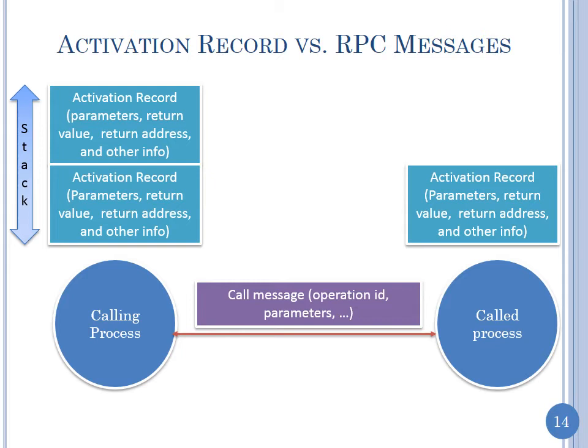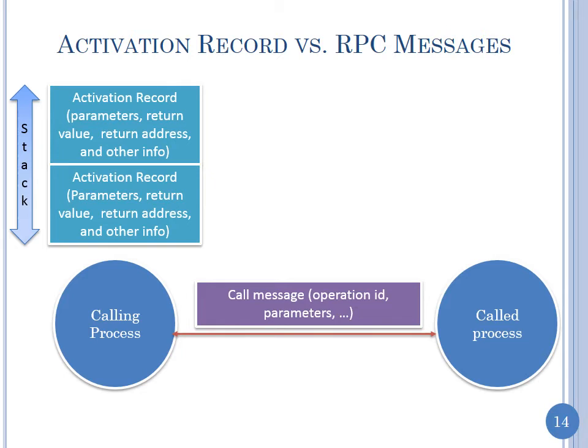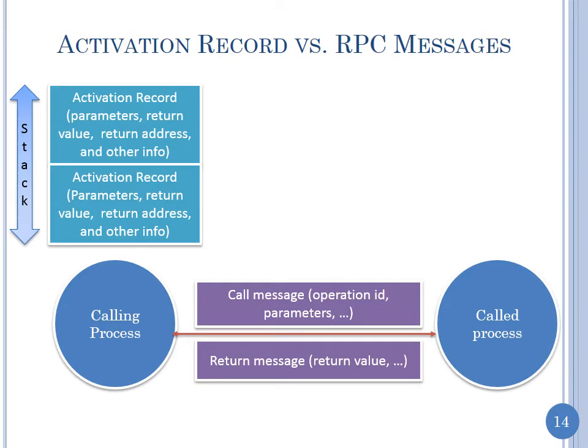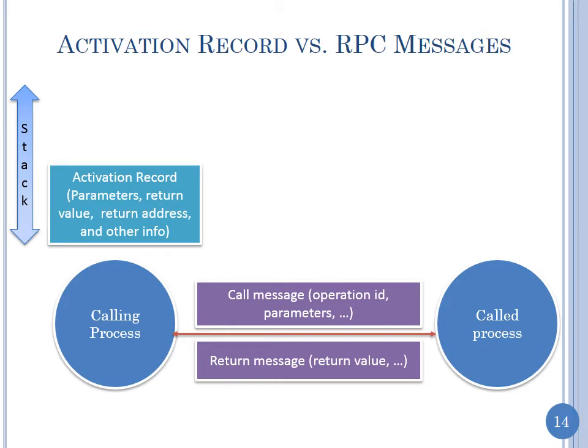So you go from a stub address, a proxy address, to a real procedure address at the other end. That's going to return and have a result, and that result is then sent back, and on receipt of that message, this activation record is popped. And the result comes back.